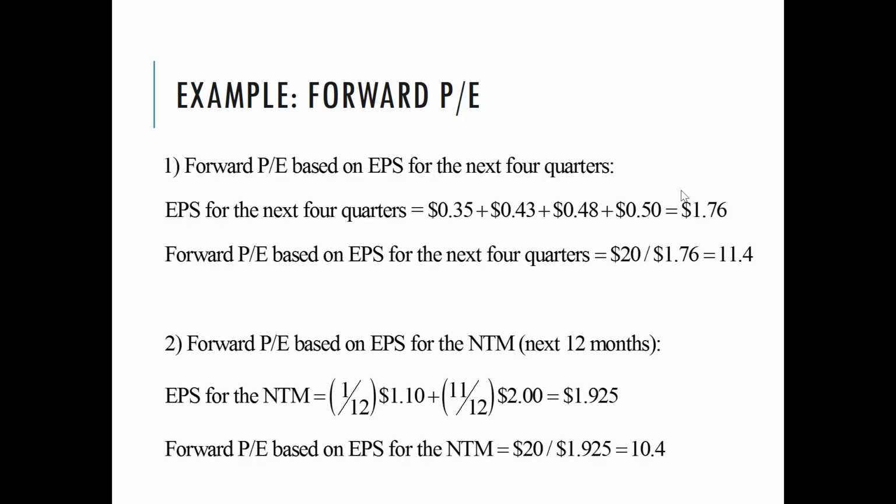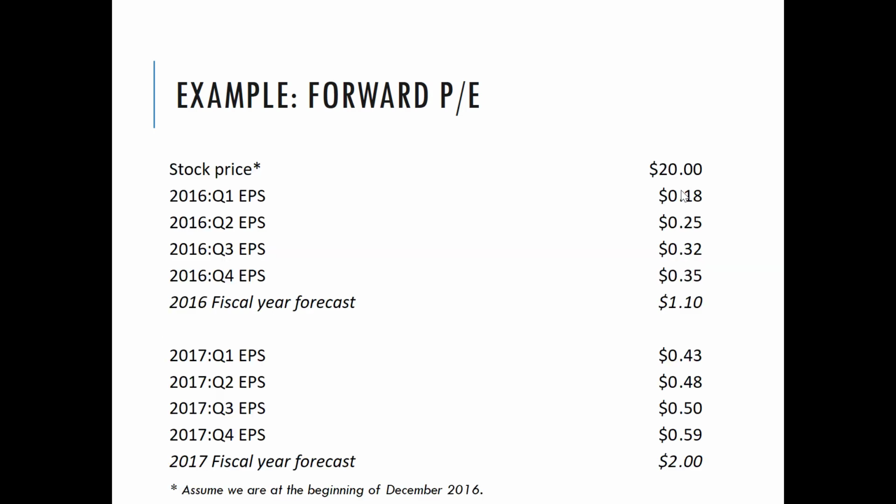So what you can do instead is figure it out on a monthly basis. There are a few different approaches. One approach is to just take the number of months that is left in the prior year. In this case, if we're in December, we have 1 month left. So we're going to take 1/12 of the 110 for this year, and we're going to take 11/12 of the $2 forecast for next year.